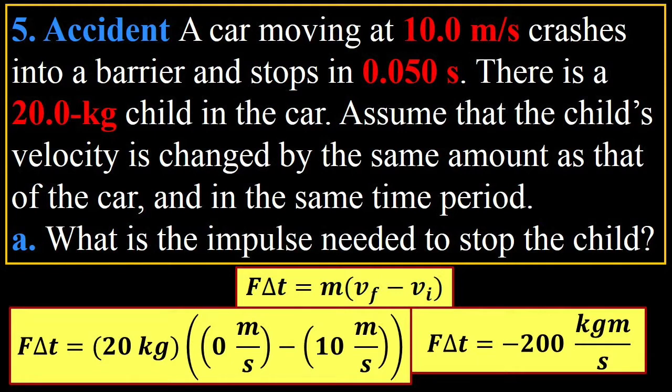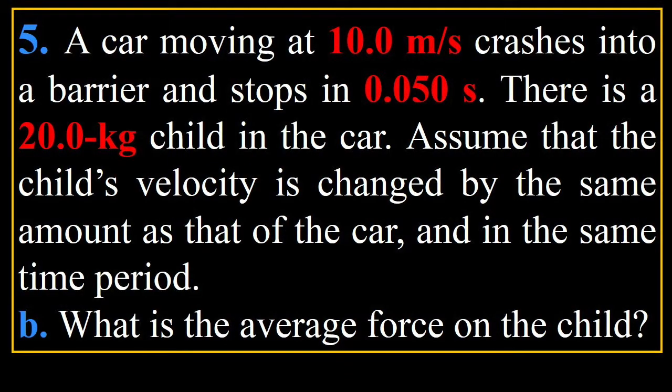Then it asks, what force is used to do that? Well, if there's no airbag, then it's going to be 0.05 seconds, or even shorter than that. Could be as much as 1/10,000th of a second.